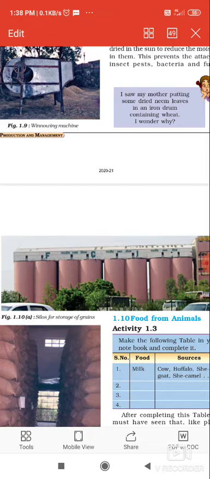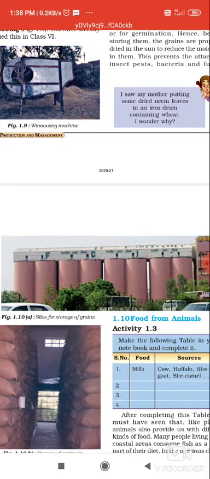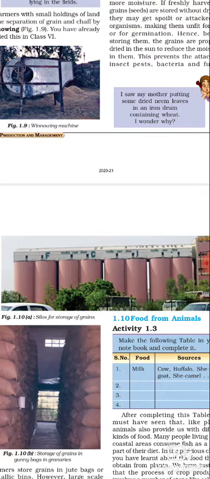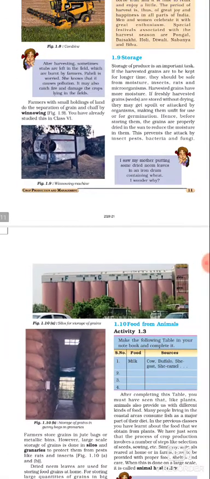So properly उसका क्या होना चाहिए? केमिकल ट्रीटमेंट होना चाहिए. You need to spray pesticides, insecticides. आपको वैसे केमिकल्स का क्या कर लेना चाहिए? यूज़ कर लेना चाहिए, so that there should be no effect of pest on these stored food grains.